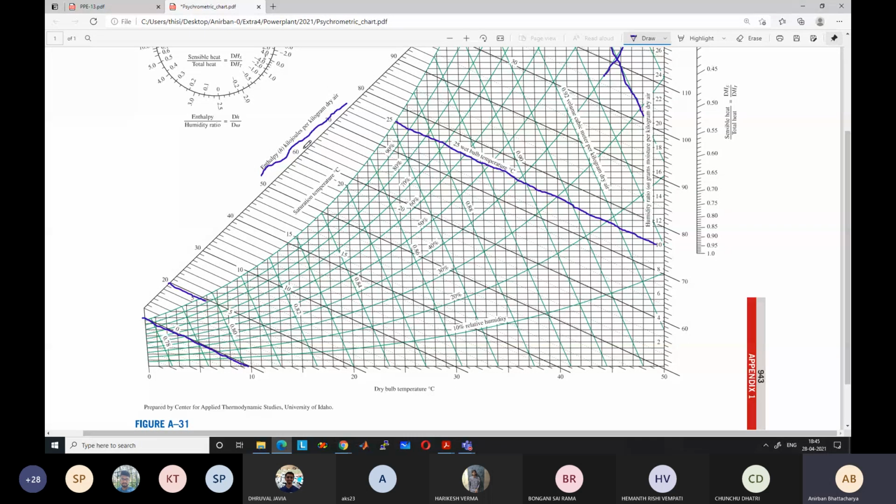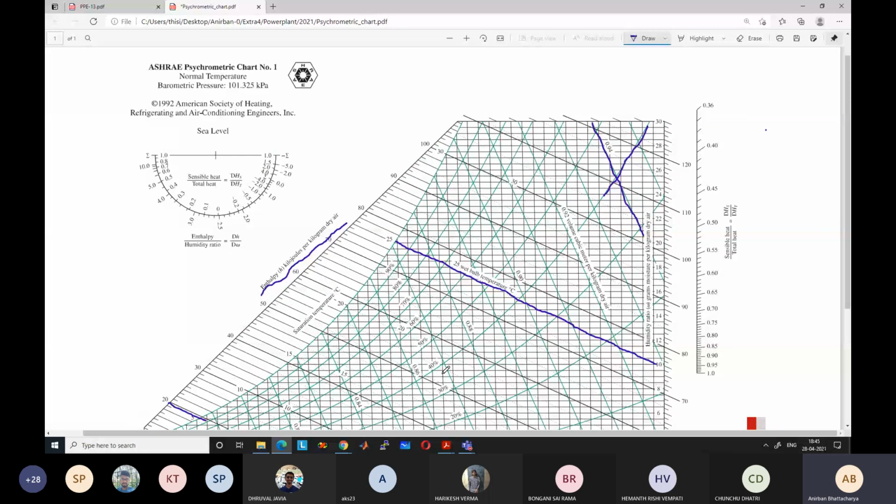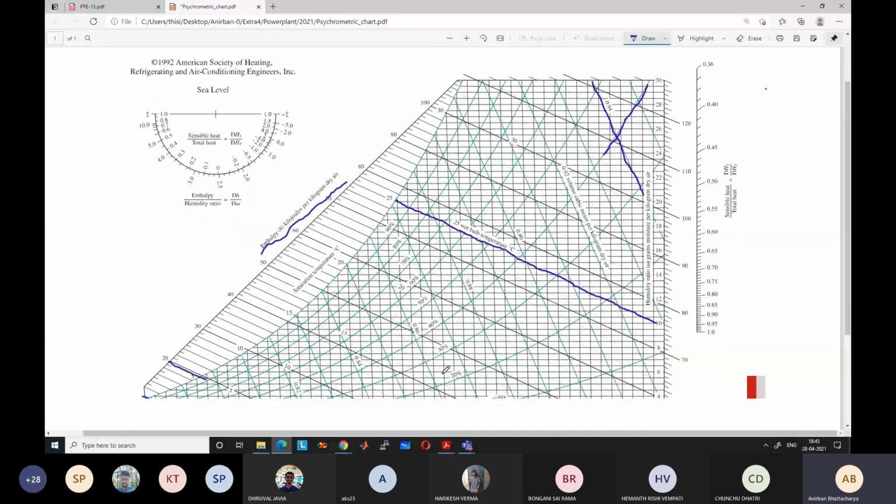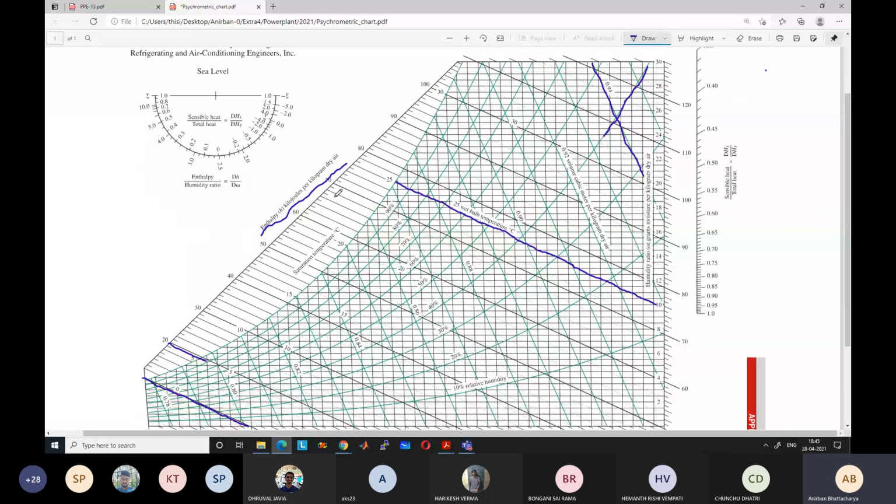This enthalpy also contains the enthalpy of the water vapor. So this line is 30 kilojoule per kg of dry air. This is 40 kilojoule per kg of dry air, like this. If we have some value in between, we have to use a scale and interpolate, or take the nearest value if you accept a larger approximation. If you want to calculate very accurately, you have to use a scale and interpolate between two values.